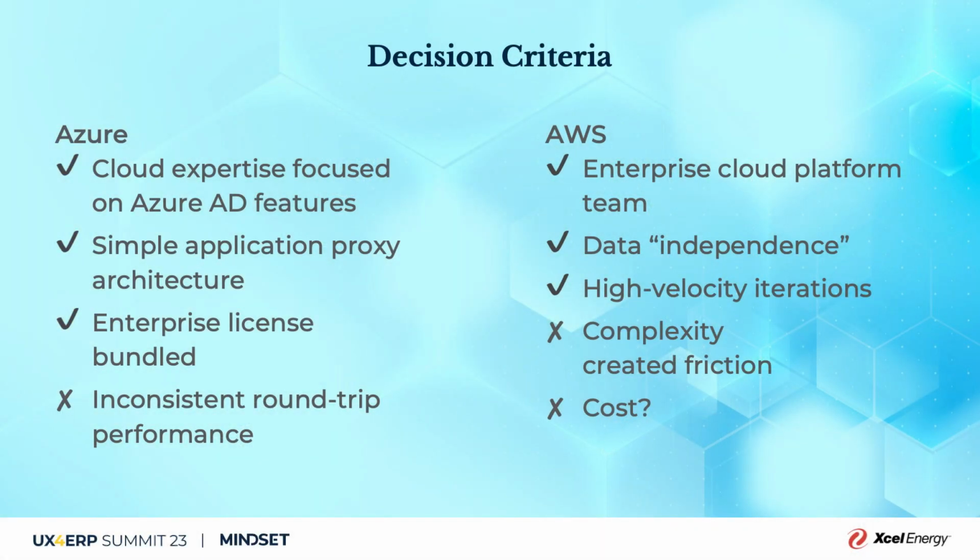So with Azure, one of the things, again, focusing just on the undesirable impact, we're not mature enough with Azure to take advantage of things like CDN, Content Delivery Network, which could have probably remedied the inconsistent round-trip performance.